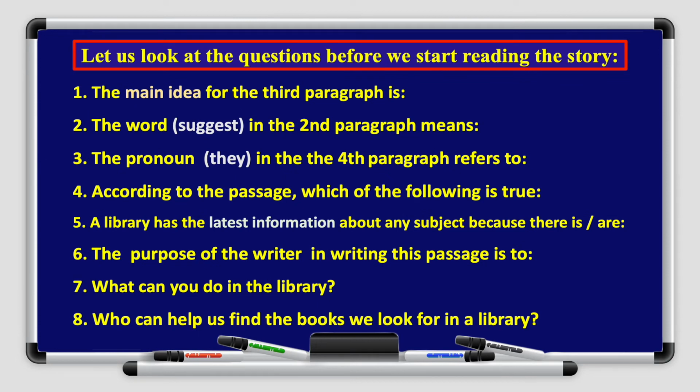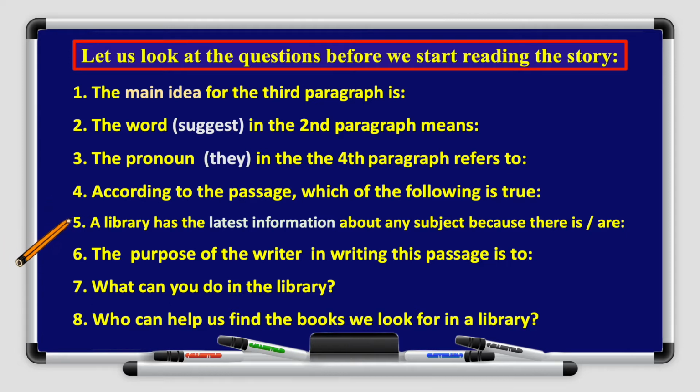Next to the question that we just mentioned: the main idea of the third paragraph is what? The word suggest in the second paragraph means what exactly? I'm going to ask you what the pronoun they in the fourth paragraph refers to. According to the passage, which of the following is true? So you are going to pick out the true statement.